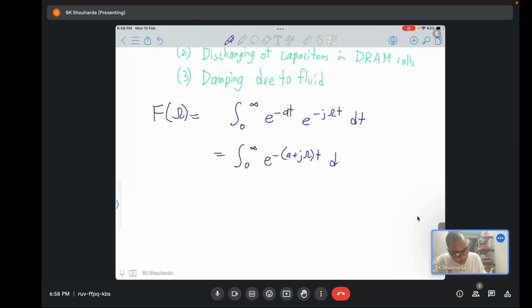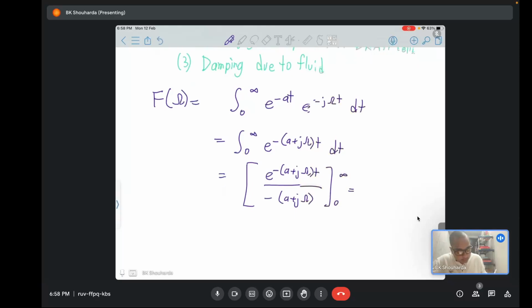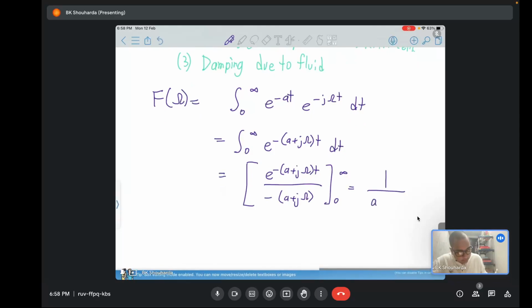The integral of e to the power minus a t, e to the power minus j omega t dt, is 1 upon a plus j omega, from 0 to infinity. Once we put in the limits, we get 1 upon a plus j omega.